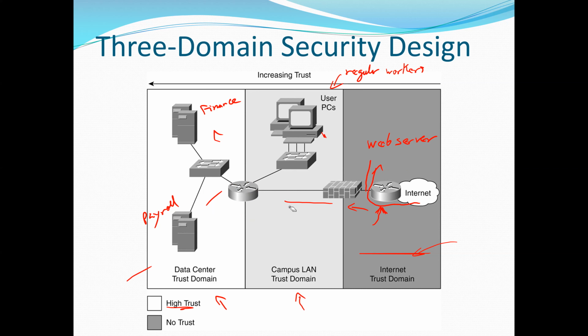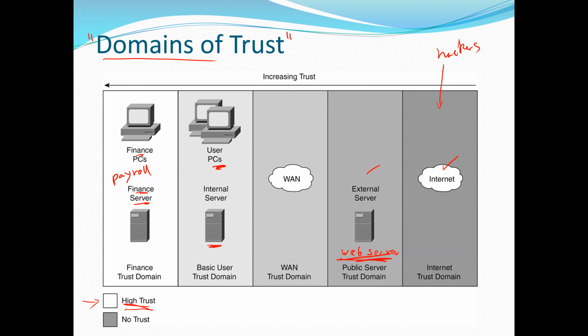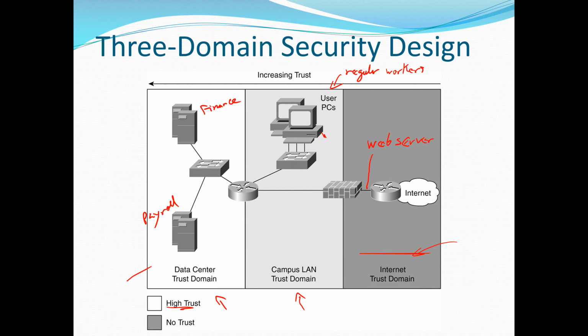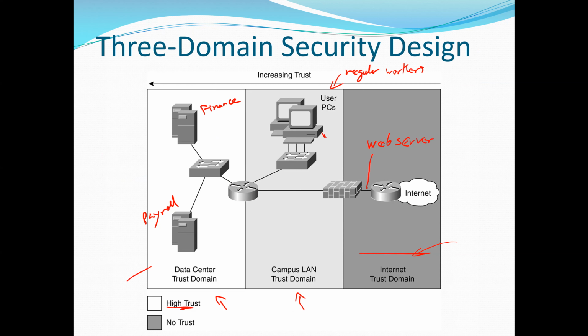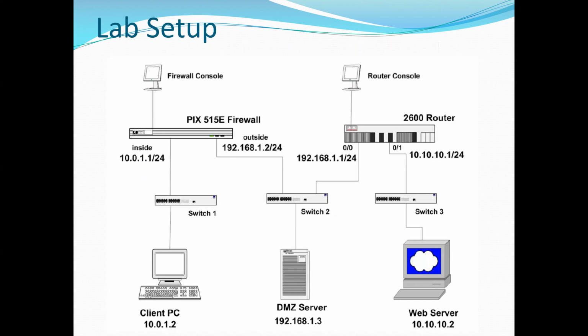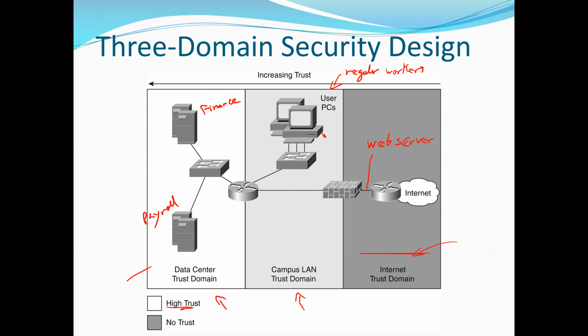So from the initial scenario of just thinking of the domains of trust like that, we can then start segmenting things. And that, again, ends up being this. If you notice, that is really this because here's the router, and that's the firewall, and then here's just the internal network.